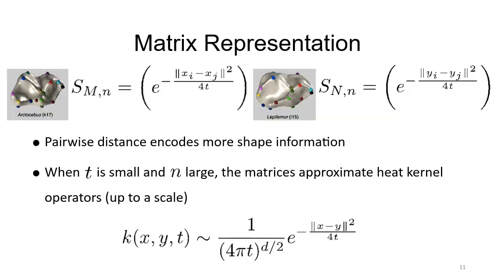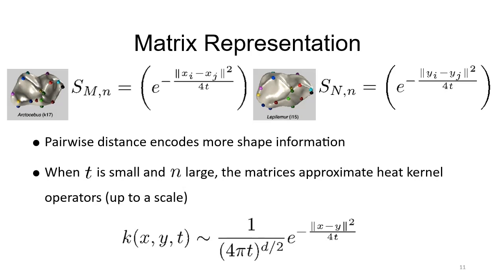Now use the idea that the heat kernel could capture the geometry of the surface, and we know that locally the heat kernel looks like the Euclidean heat kernel, for which we have the exact solution. Because the surface is of dimension 2, they have the same coefficient, 1 over 4 pi t.